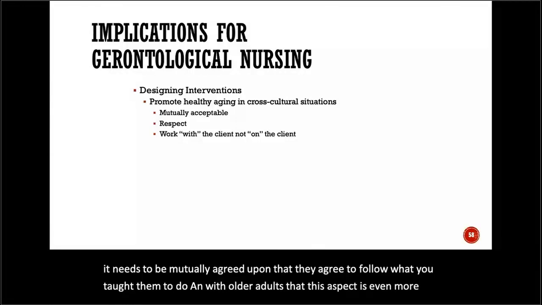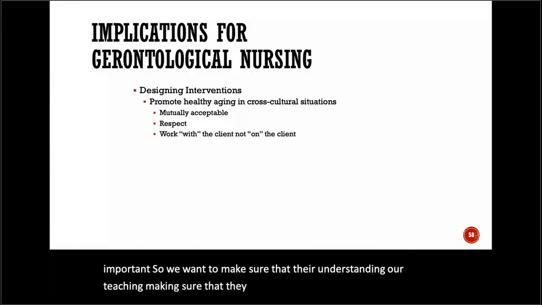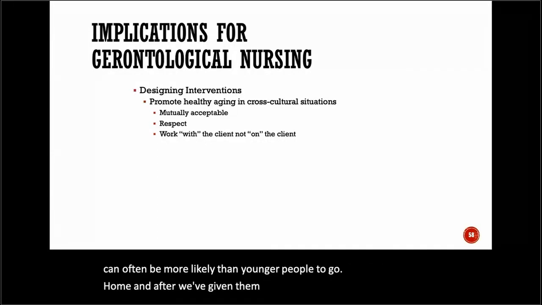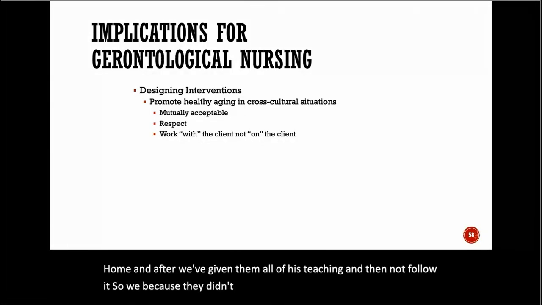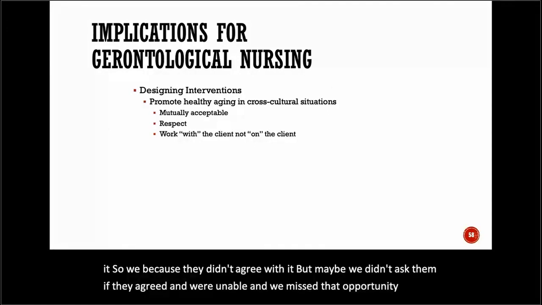So we want to make sure that they're understanding our teaching, making sure that they agree with the plan of care. Older adults can often be more likely than younger people to go home after we've given them all this teaching and then not follow it. Because they didn't agree with it, but maybe we didn't ask them if they agreed, and we missed that opportunity to individualize their plan of care.